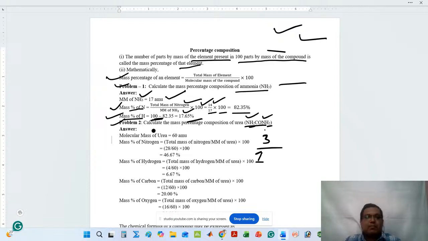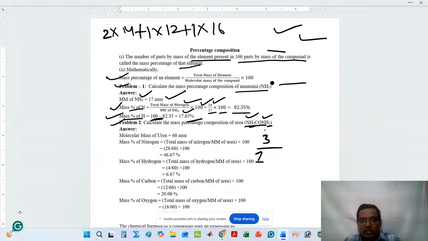The molecular mass of urea I can find out like this. Since two nitrogen atoms are present, here I can write 2 into 14 plus, the number of carbon atoms is 1, so 1 into 12 plus, one oxygen atom is present, so 1 into 16. Four hydrogen atoms are present, so 4 into 1.